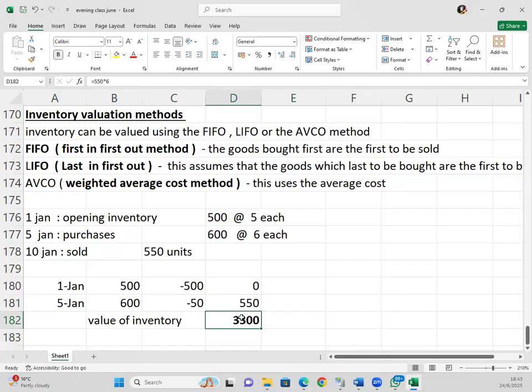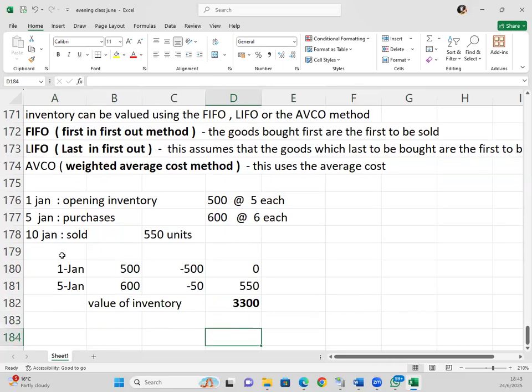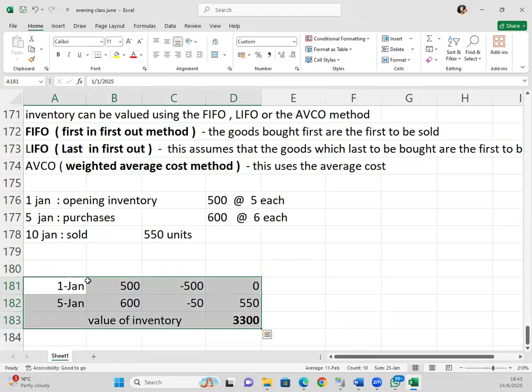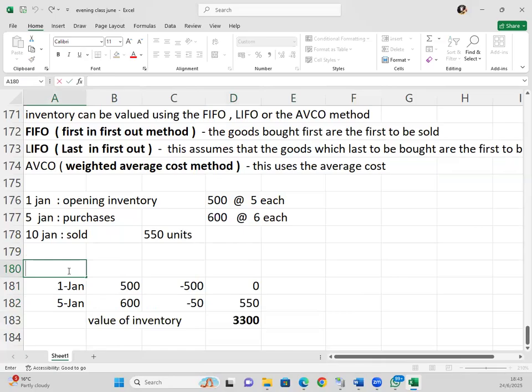That is if you are using the FIFO method. So this is the FIFO method.